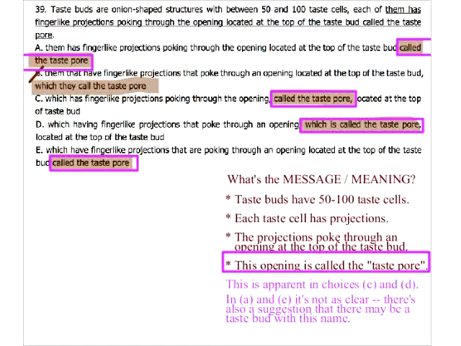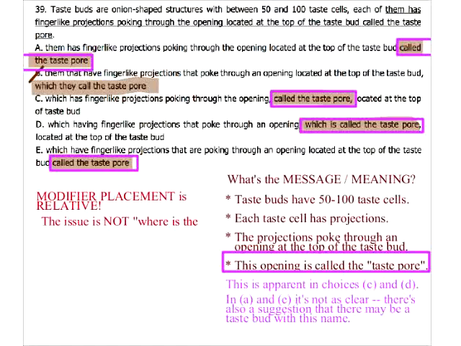Very, very important. Modifier placement is relative. The issue is not where is the absolutely correct place to put these, because usually there's lots of ways you could arrange them. So there's not going to be one true way.